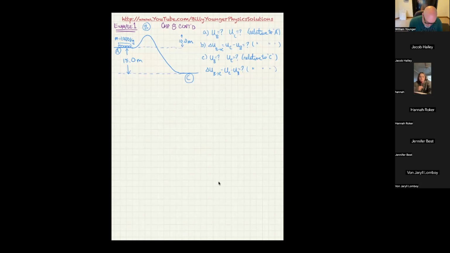So let's start off. I've got the diagram drawn here, and I've got the actual words written off to the right.